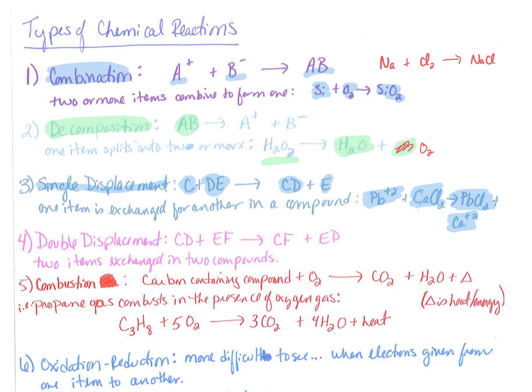One thing is displaced. That is different from a double displacement reaction where two things are reacting with each other and they're kind of swapping. There's lots of dances like this, for example.